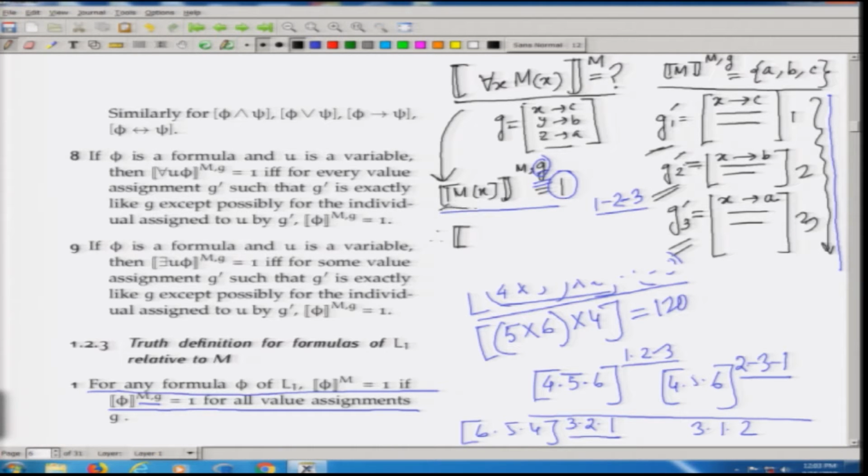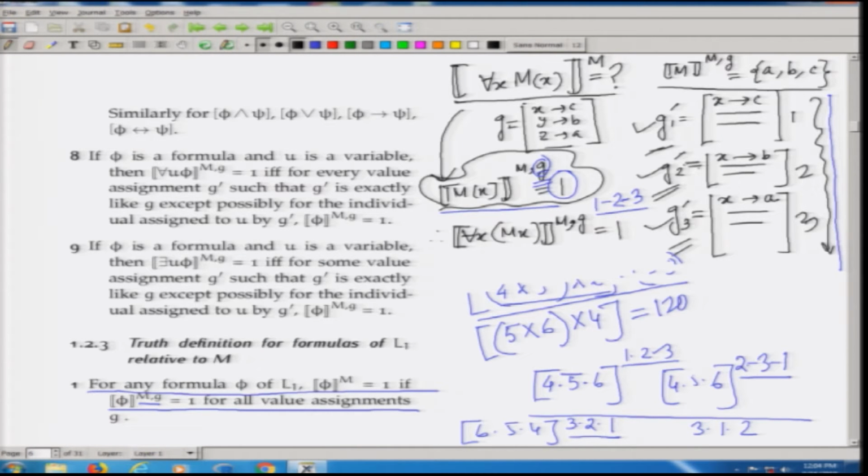So that is what we have seen, we have calculated for each and every value assignment, phi which is our mx is 1. Therefore we say that all x mx is 1 with respect to M and g.